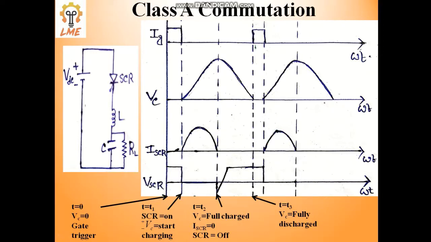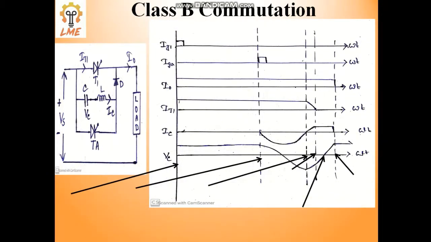Okay, so let's go for class B commutation. This is the circuit description. There is also a DC supply, known as Vs, with this terminal positive and this negative. Here this is our main thyristor T1, and this is the load. The remaining part, this C, L, D and the auxiliary thyristor TA, is known as the commutation circuit.